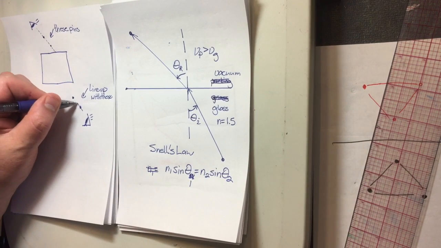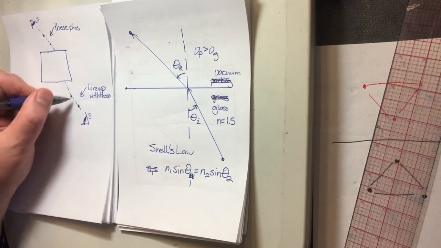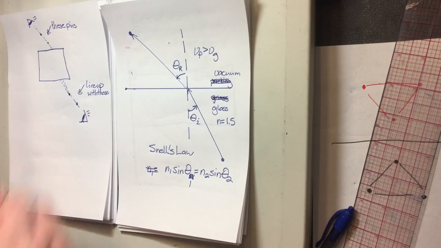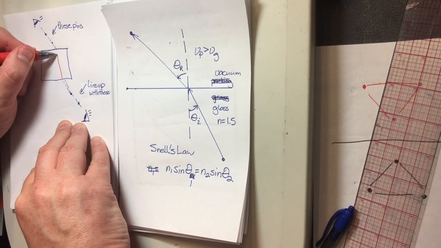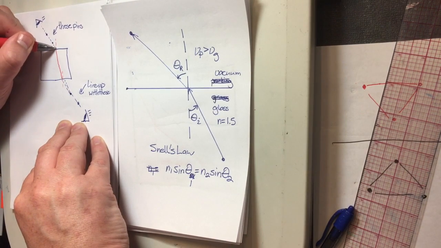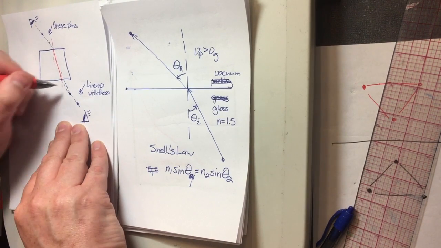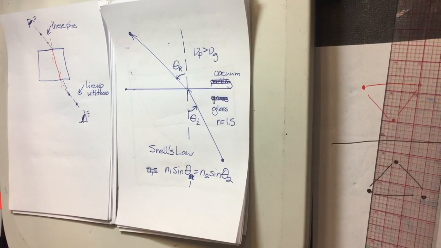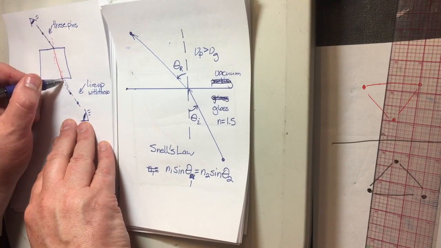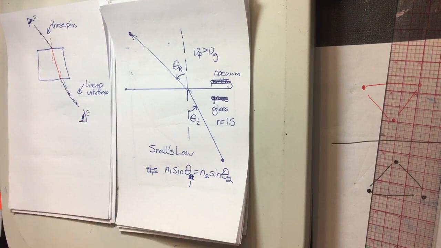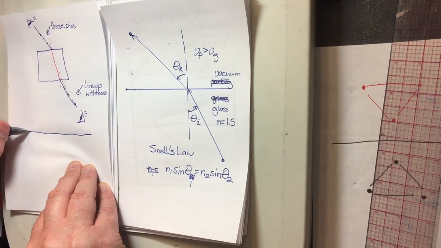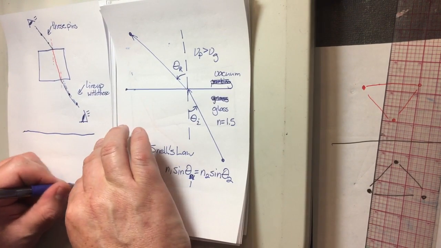And really what's happening here is that the light is refracting. And in fact, I'm going to draw it a little bit more obscene.